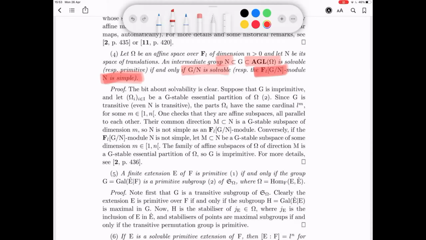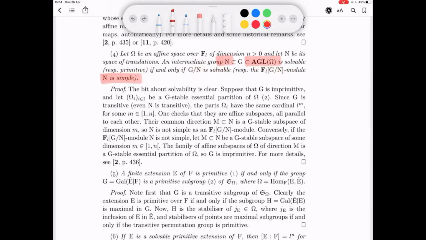So to make a vector space V over a field K into a KH module, where H is a group, you have to give an action of the group H on the vector space V by K linear maps. Where is the action here? When did we specify the action?